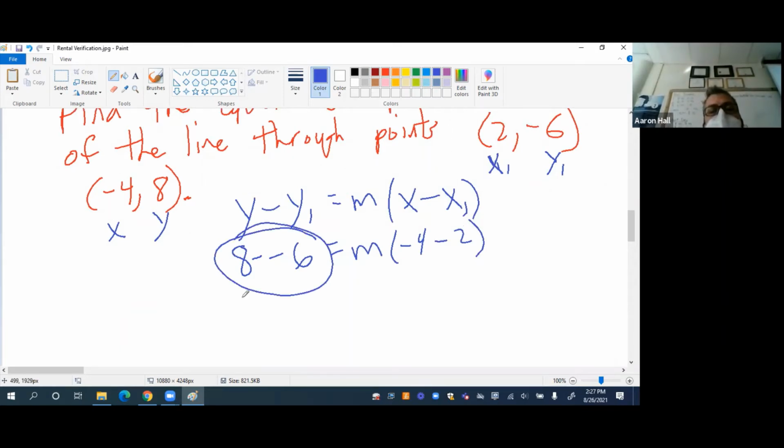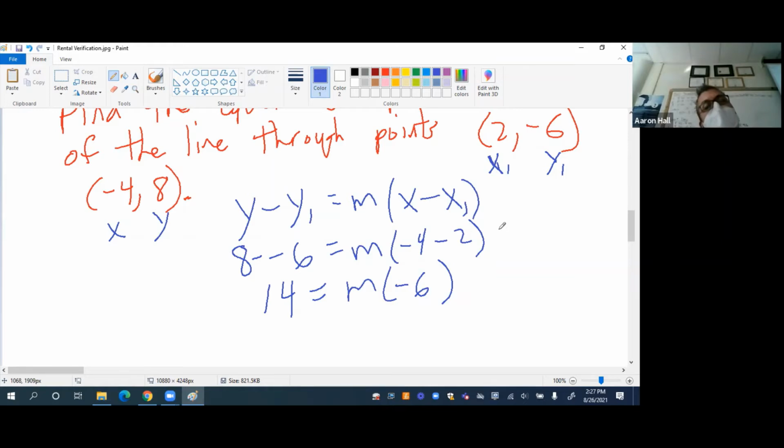Should we figure this out first? Because that would be sort of like combining like terms, right? So what is this? A negative and a negative is a positive, so I have 8 plus 6, which is 14. You guys are right. All right, and then I have 14 equals m times what? -6. Now what?